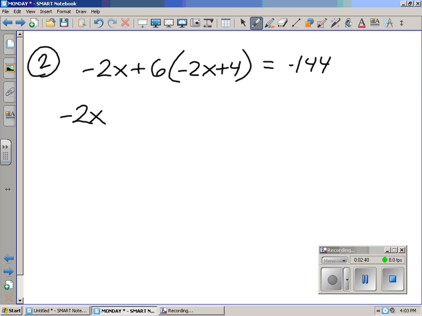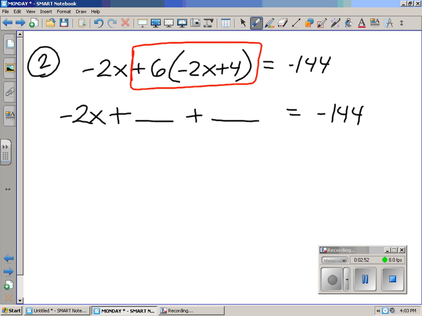Negative 2x plus blank is equal to negative 144. We have the parentheses, and then we have the positive 6 on the outside. This is the distributive property section.